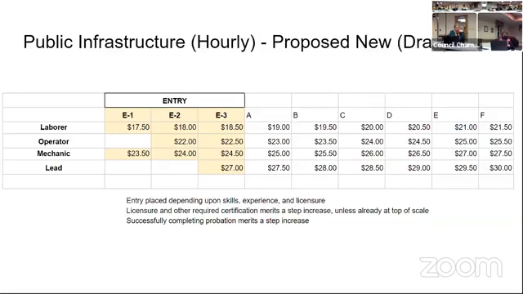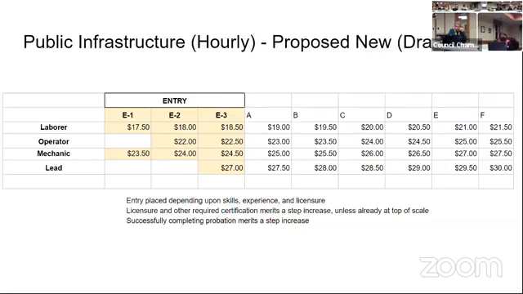E1 meaning don't have a lot of skills or experience. E2 meaning, especially with public infrastructure, maybe you have a CDL and not much experience, or if you have experience and a commercial driver's license, then maybe you're at E3. If you have experience, a commercial driver's license, and the credentials to be an operator, maybe you're at step A, because you fulfilled all of the conditions of employment.